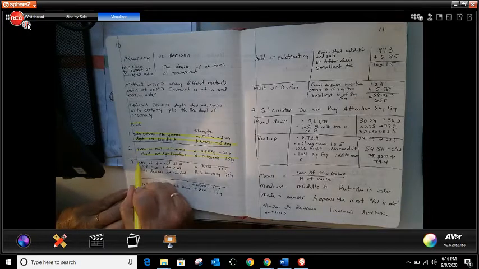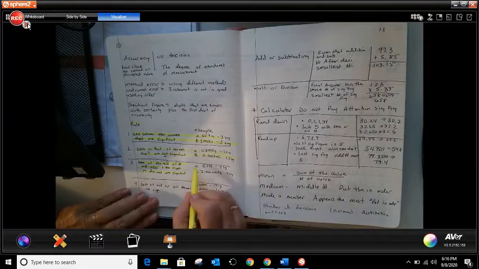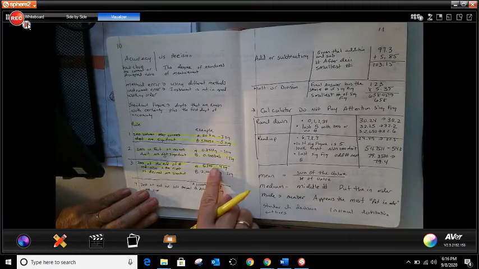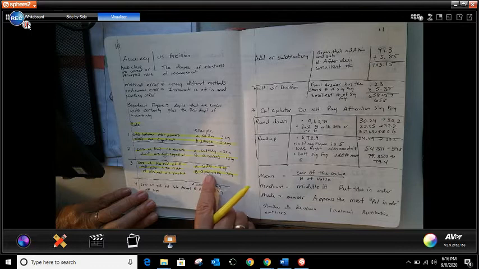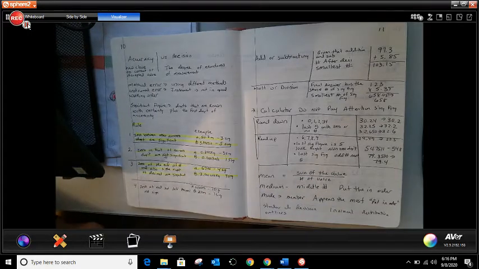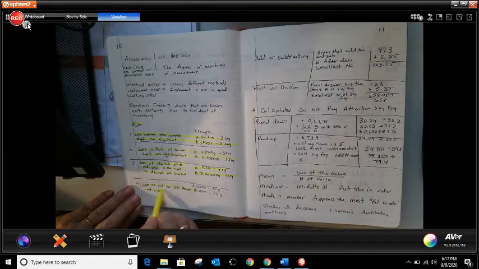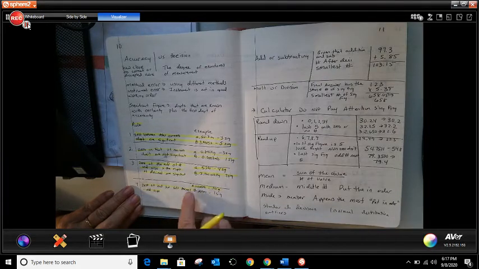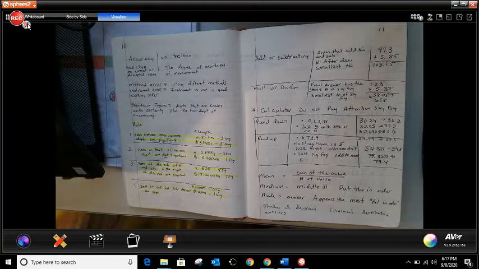Number 3 rule: zeros at the end of a number to the right of the decimal are significant. 57.00, it's a placeholder, so there are 4 sig figs. 2.000000, there are 7 sig figs because it is also a placeholder. Number 4, zeros at the end of a number without a decimal are not significant. So 1,000 would not be significant, and 20 would not be significant.